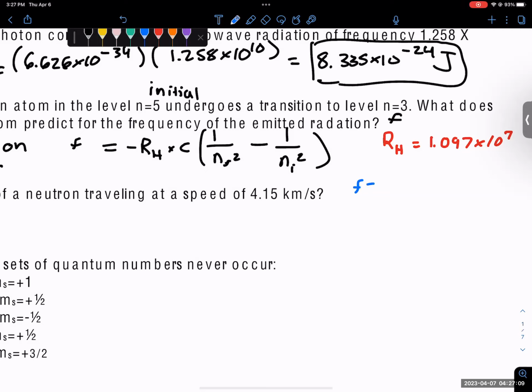Our frequency is equal to negative 1.097 times 10 to the 7th times 2.998 times 10 to the 8th. And we know our final n value was 3, so 1 over 3 squared minus the initial, where our initial was 5, so 1 over 5 squared. And you can simplify this down to 9 and this to 25.